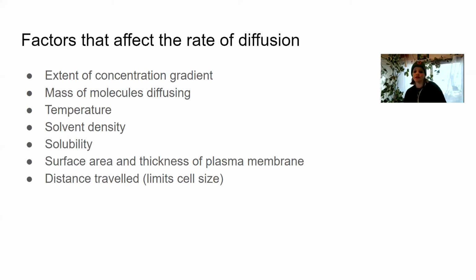So another thing that can affect the rate of diffusion is actually the plasma membrane itself. How thick is it? How much surface area is there? The more surface area there is, the more stuff can get through, but the thicker it is, the more time it takes for them to get through. So with a thin plasma membrane, diffusion can happen a lot faster than with a thick one.